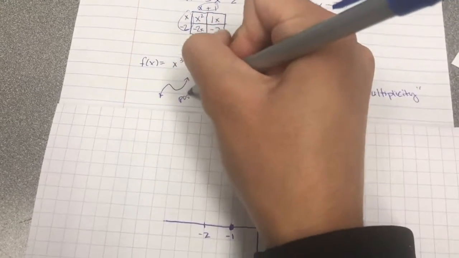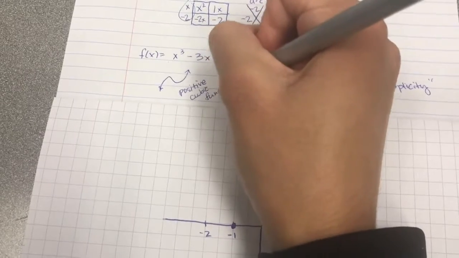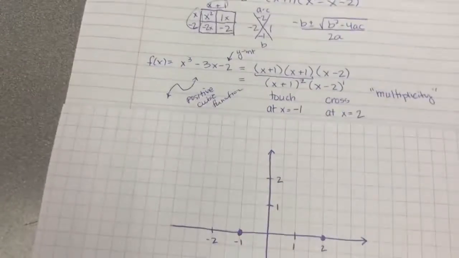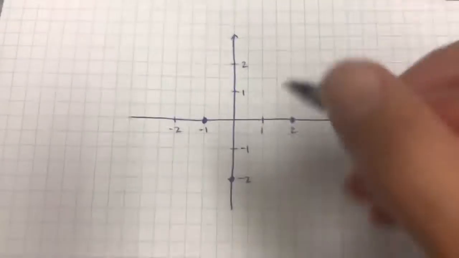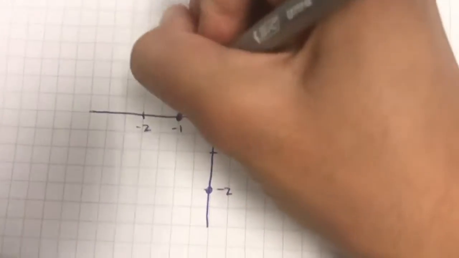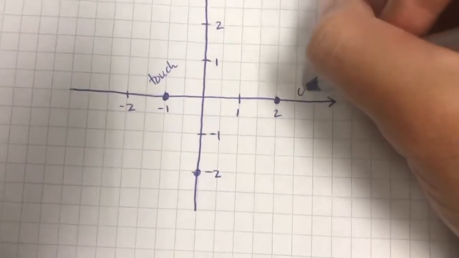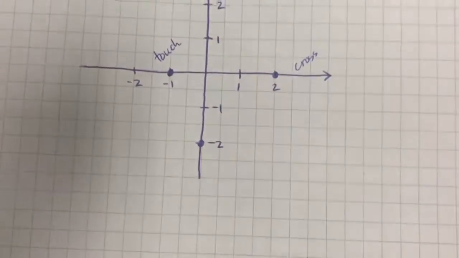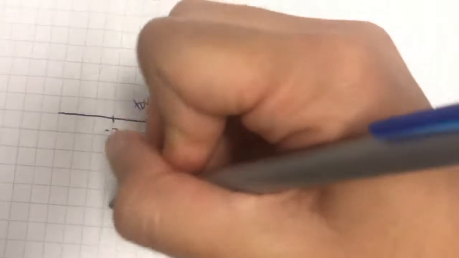It's a positive cubic function. So when I come down here to graph, I'm going to make some notes to myself that we're going to touch the -1 and then cross at 2. And now I can carefully graph this.